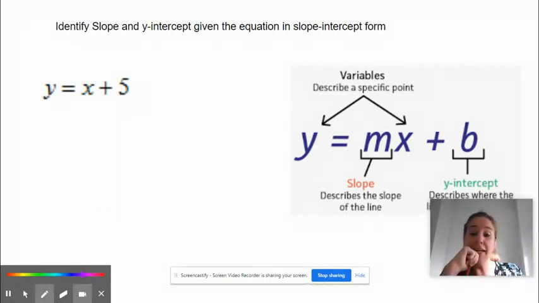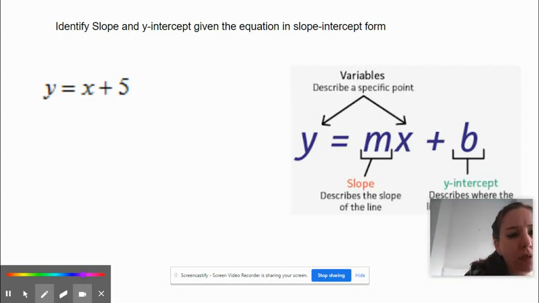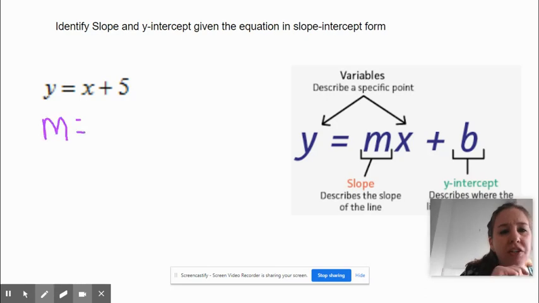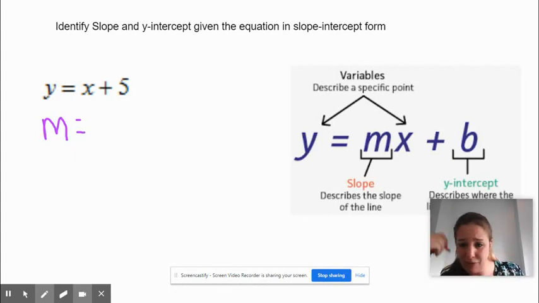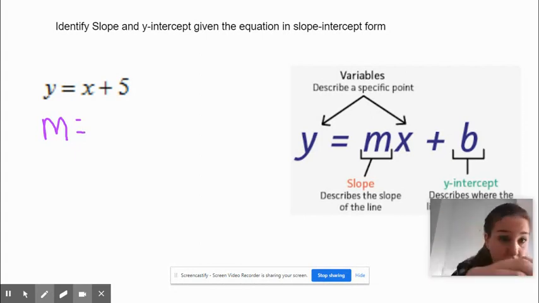All right, so y equals x plus 5. So my slope is the coefficient of x. So something should be there, but it's not. And a lot of you have learned that you could just stick a 1.